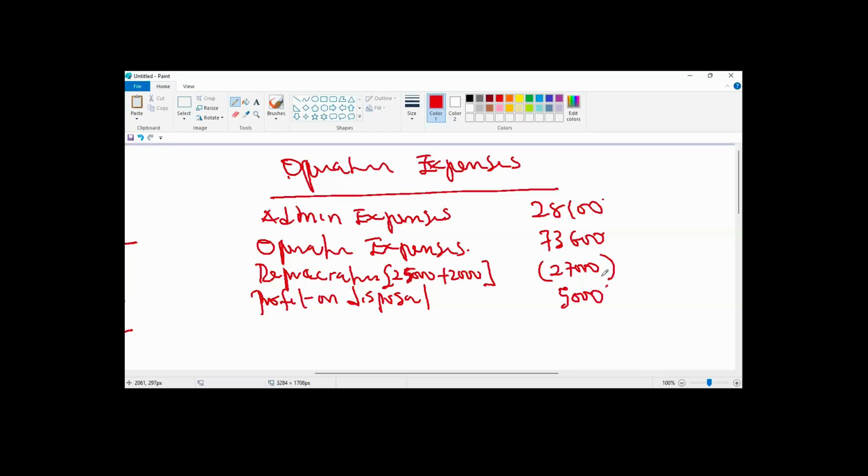Is there prepaid or accrued expenses? Yes, we have prepaid. At the beginning, the prepaid is how much? 16,000. At the end? 21,000.